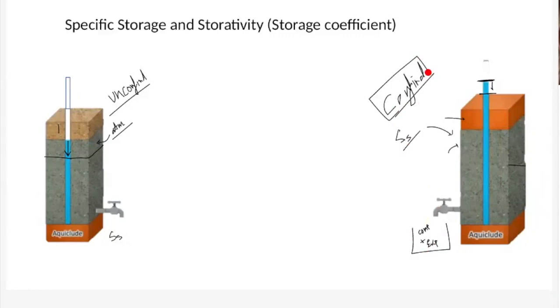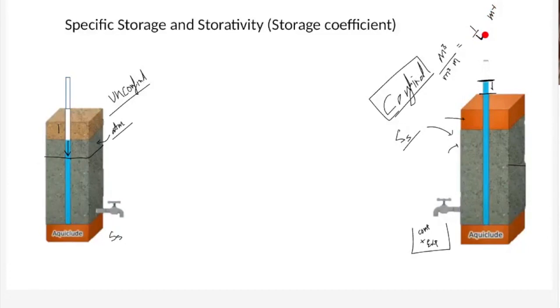Is this clear? So it is the volume of water released per unit volume of aquifer per unit drop in head. So the unit will be 1 by L, where L is length, meaning I am talking in terms of dimension, right? Or you can write meter inverse. This is the unit of specific storage.